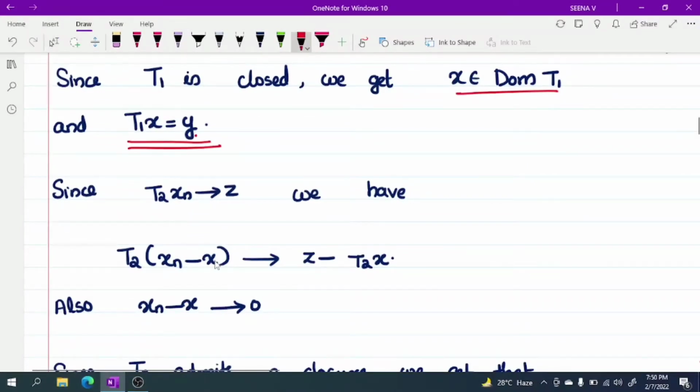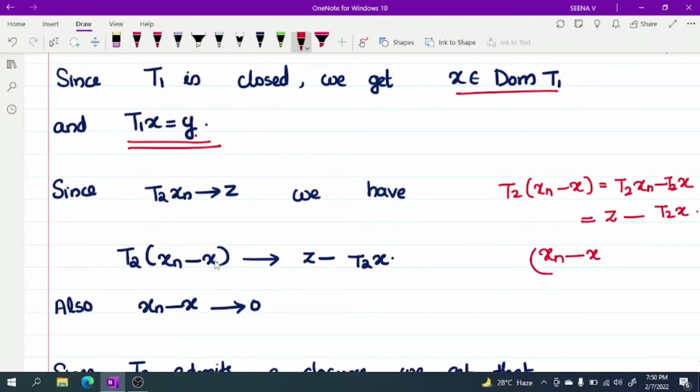T2 of (xn minus x) is equal to T2xn minus T2x. What is T2xn? It is z minus T2x. Now xn converges to x implies xn minus x converges to 0.